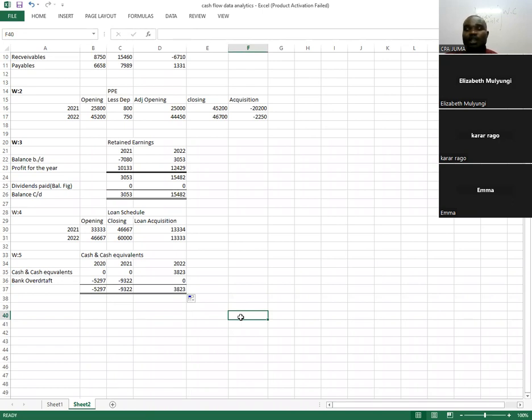So for 2021, we are going for reconciliation. This one here, in 2020, is the opening for 2021. Then this is the closing 2021. Then this closing 2021 becomes opening for 2022. This is closing 2022. So let's check. So 2020, you also have to interlink them.